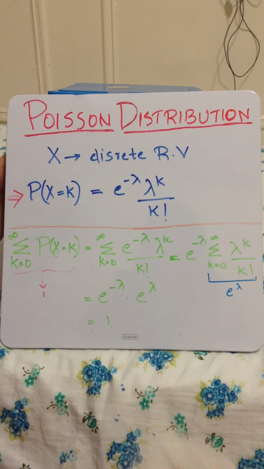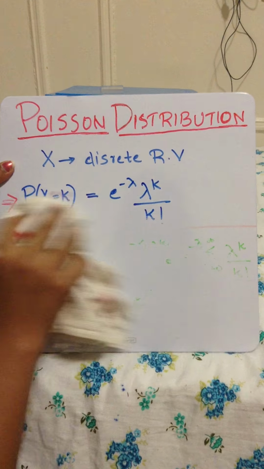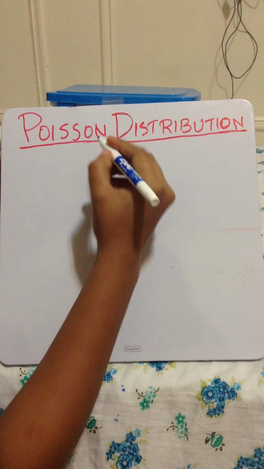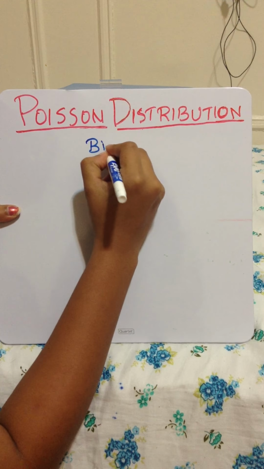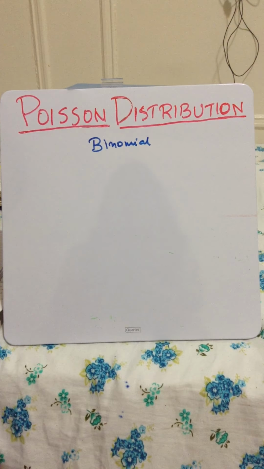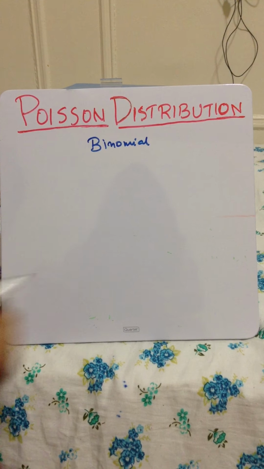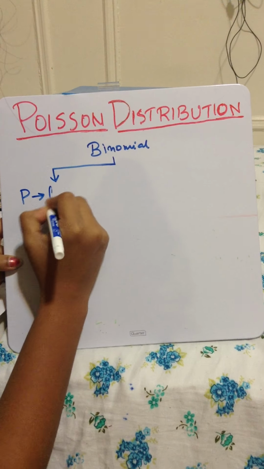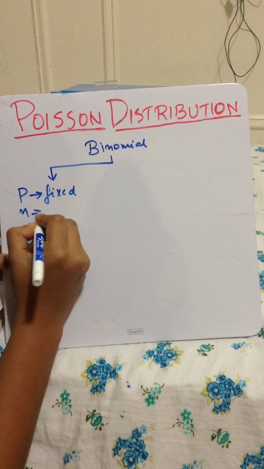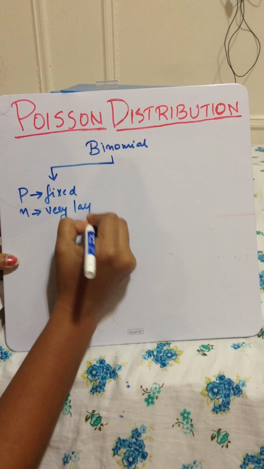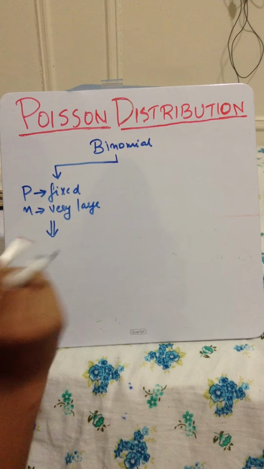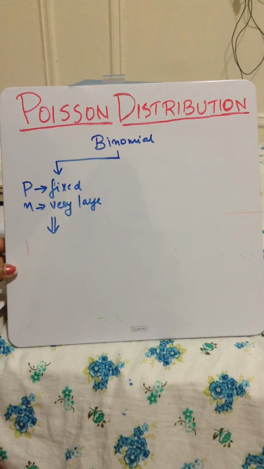Now coming to our main topic, that is the Poisson approximation for a binomial distribution. Say for example, we have a binomial distribution and we have a random variable with binomial, and when we have a fixed p and when n is very large, we know that in this case we can actually use a normal approximation.